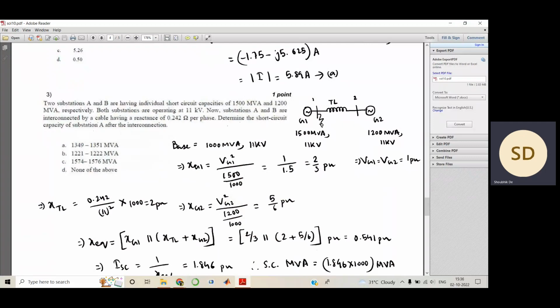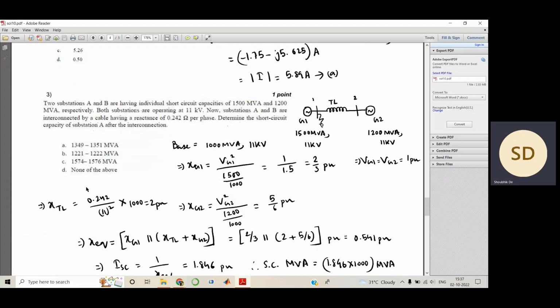So here you see that the base voltage is 11 kV. So VG1 is considered to be 1, right? Your base would be 1 base voltage, and your base MVA is 1000. So that is why I'm dividing 1000 by 1500, right? So when I do this, this comes out to be 2 by 3 per unit.